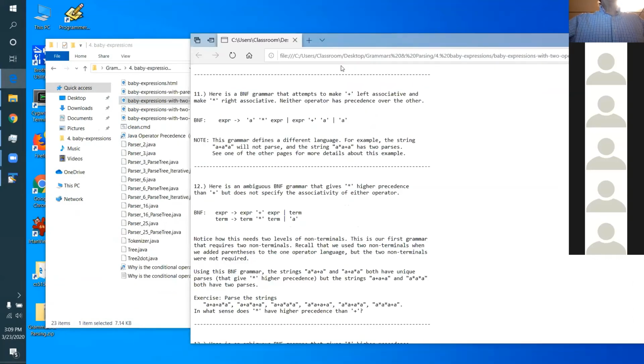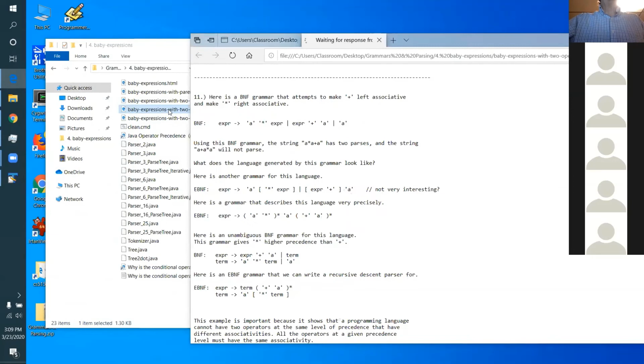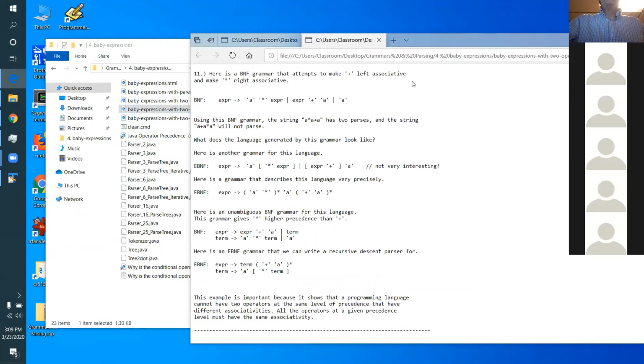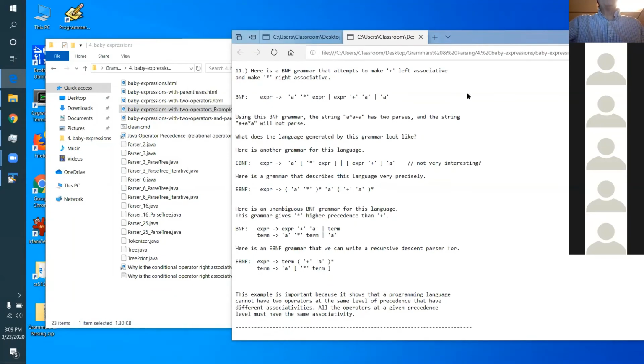Remember we said that this one changes the language. So this page here just does that one in a little bit more detail, with that example of why this thing doesn't parse here. And then it asks, what does this language look like?